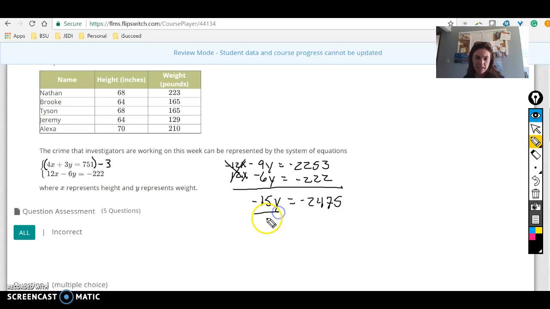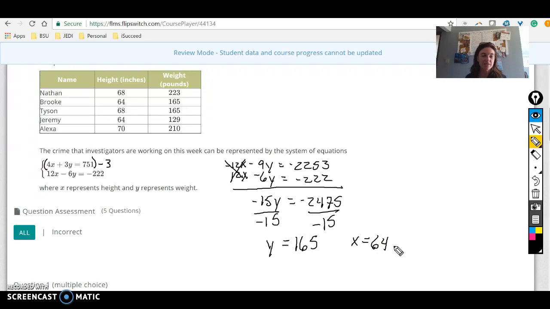If I divide both sides by a -15, I get y equals a positive 165. If I plug that back in to any of these equations, I will find out that x equals 64. So it does not change it at all.